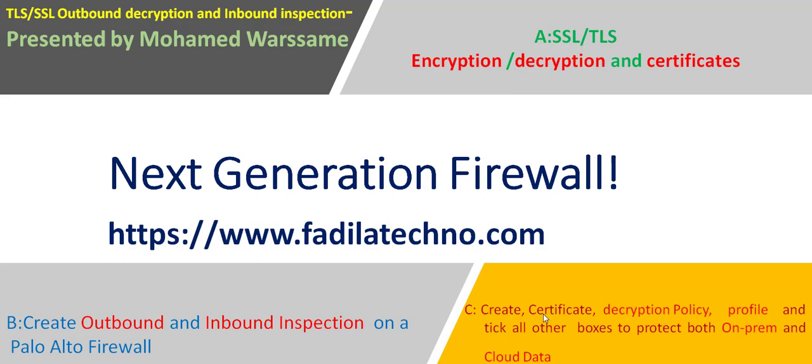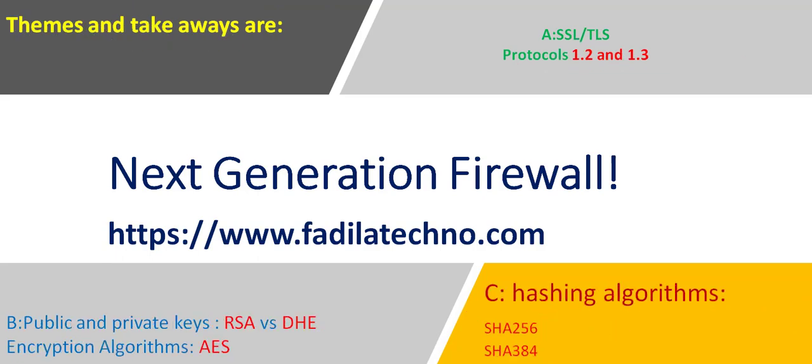We created a certificate from the device certificate, CD, and we created a profile from PD, and we attached that profile to a security rule. Great, excellent. We also modified the certificate and said only accept TLS 1.2, only accept SHA-256 and AES, and we also accepted RSA and Diffie-Hellman group.